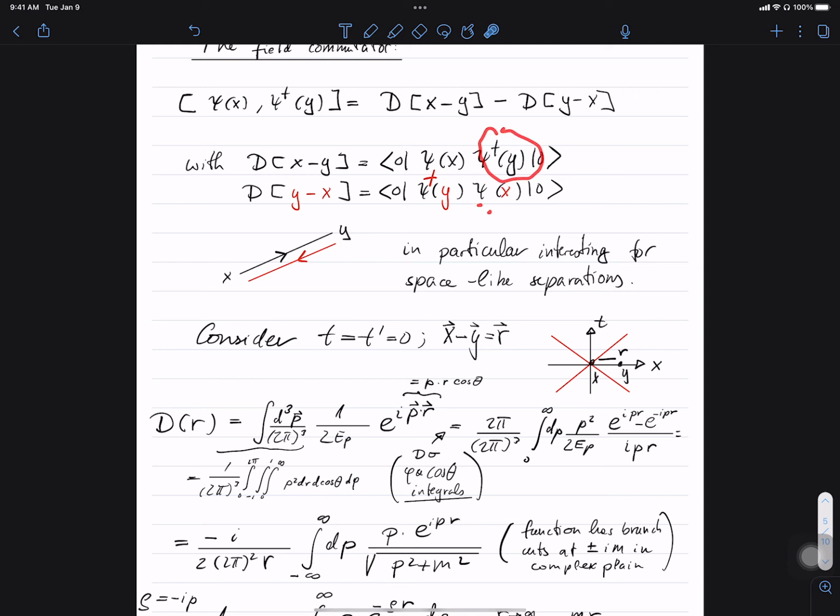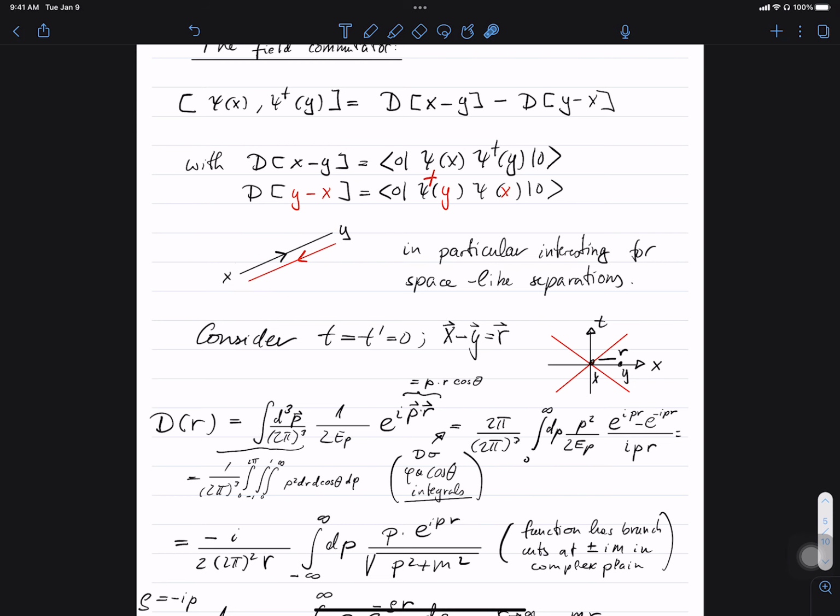To create antiparticles, we use the operators without dagger, and to annihilate antiparticles, we use the opposite operators. So now we really have to distinguish between creation and annihilation of particles such that the charge is conserved. So we have, in particular, a particle going from x to y, or an antiparticle going from y to x.